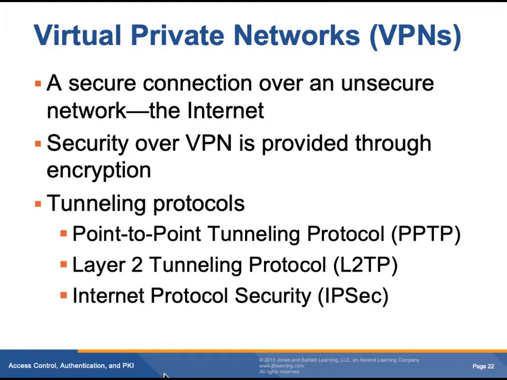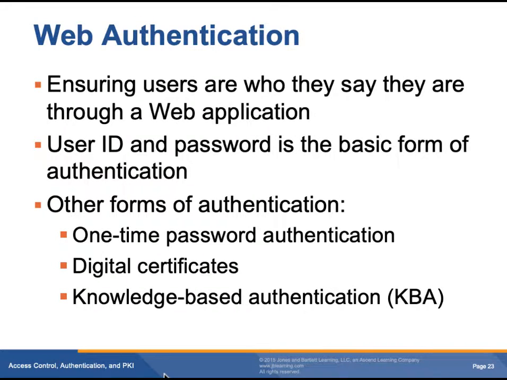If you are doing the Cisco security certification later on, you'll dig deeply into IPsec. The book has information about these three tunneling protocols that you should review. Web authentication, ensuring users are who they say they are through a web application. User ID and password, basic form. Other forms include a one-time password, digital certificates, and knowledge-based authentication.